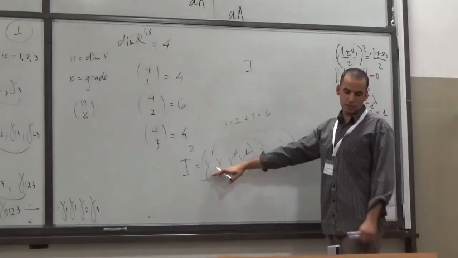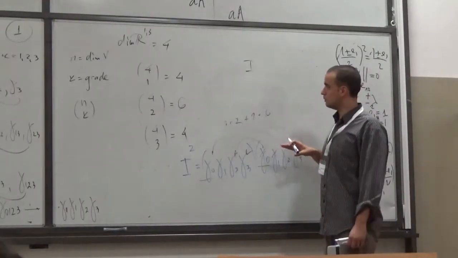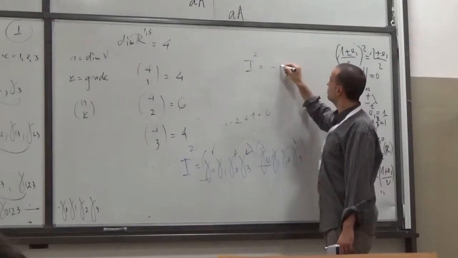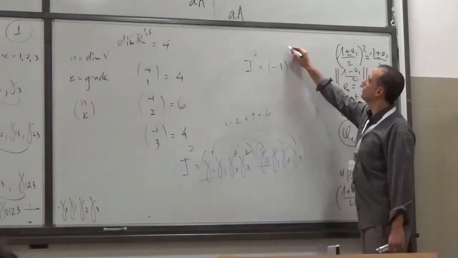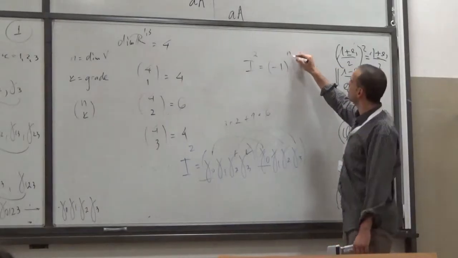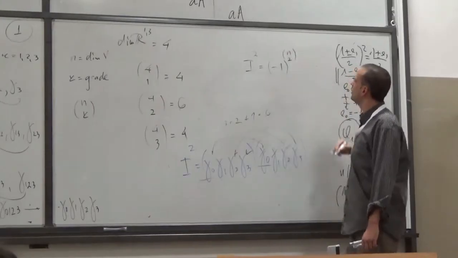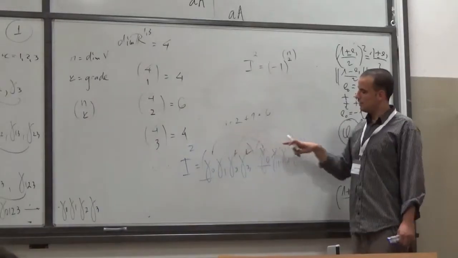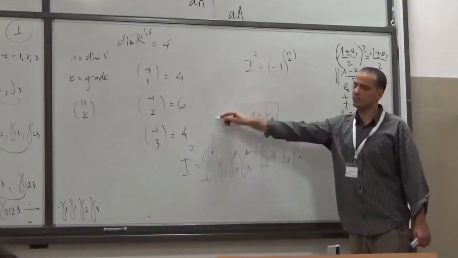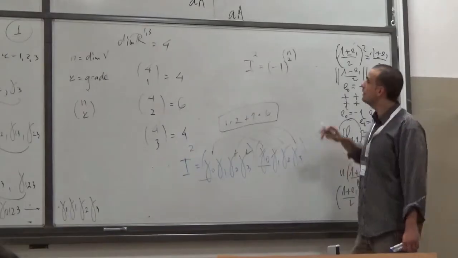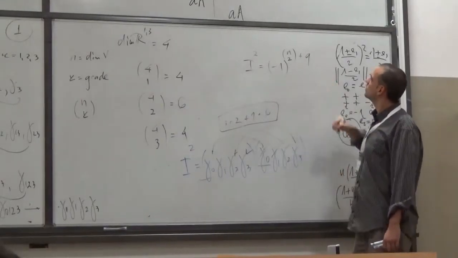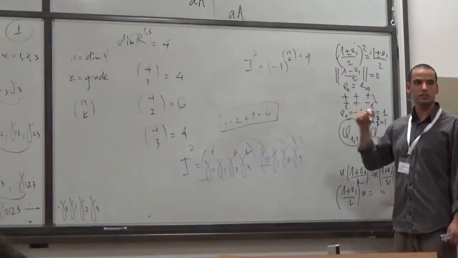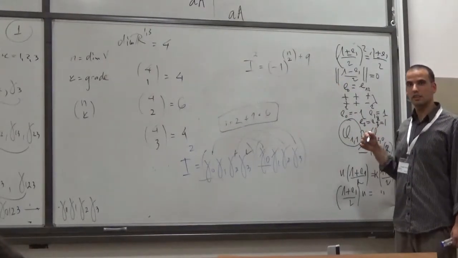So you can do the same trick for every Clifford algebra of the reals and see that this is equal to minus 1 to the power of the sum of the geometric dimension plus q, the number of minuses you get from the signature of the metric.